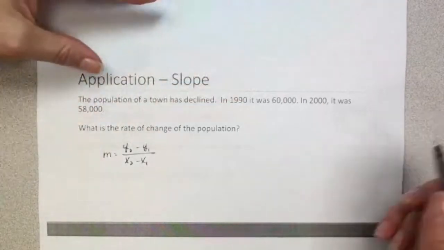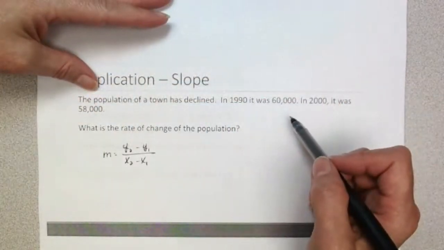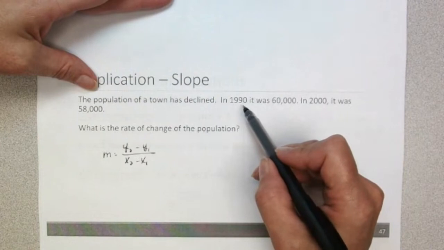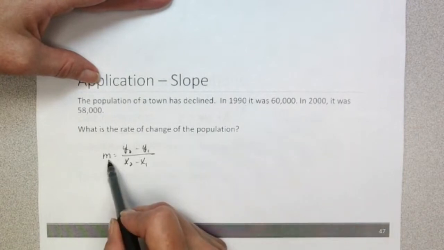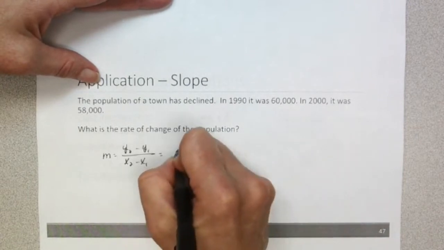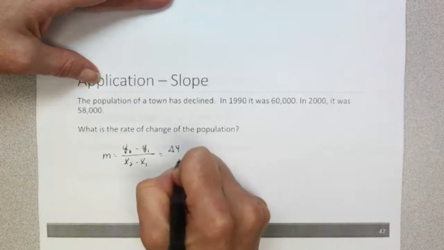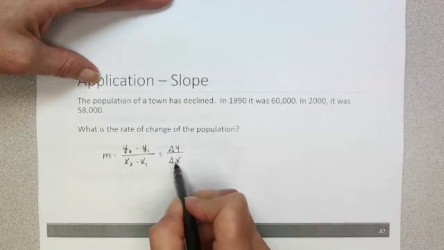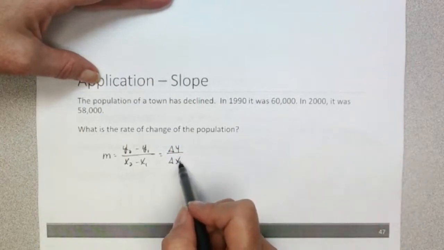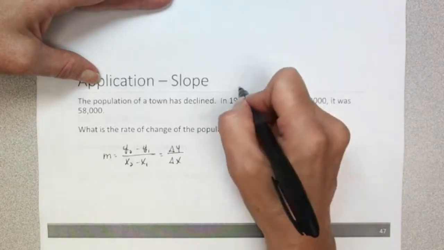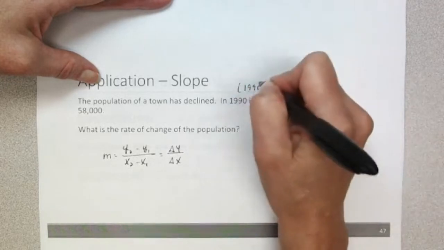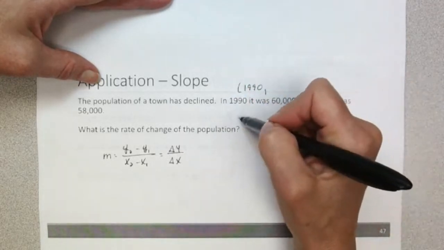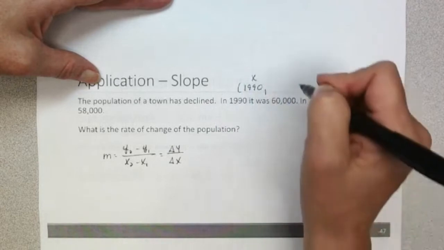I think it's dangerous to calculate with years because they're measuring the number of years since the year 0. But in this case, when we're looking for rate of change, we're only interested in the change in those years. So that should be fine. So I could consider the coordinates of this first point to be 1990. So in the year 1990, my independent variable, my x, is 1990.